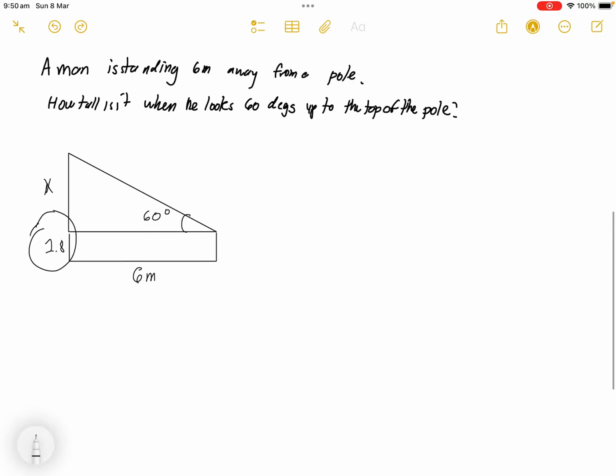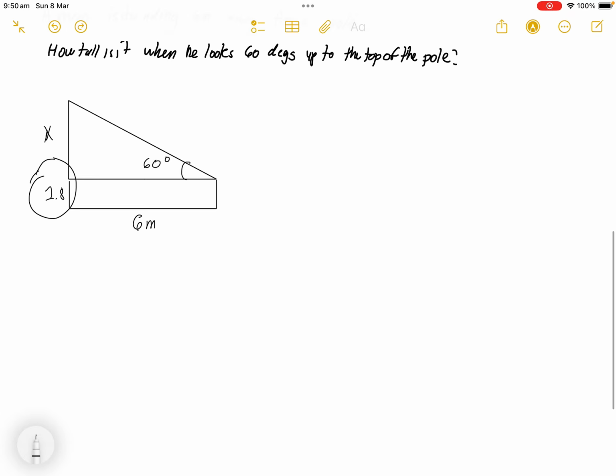Since we're trying to look for the height with respect to the distance, we want to use tangent, because remember, tangent of theta is equivalent to y over x, which is opposite over adjacent. So we can use this.